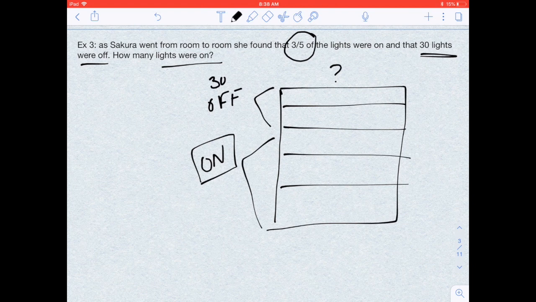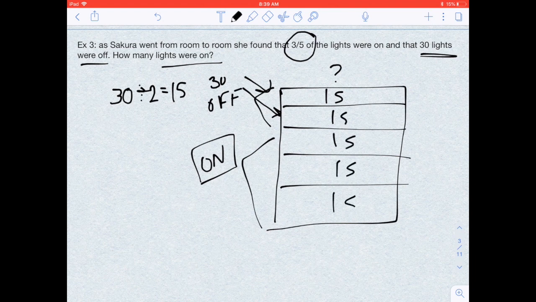I really have 2 steps I have to do here. Okay, so I end up with 30 fitting into these 2 boxes, right? The 30 is the off. So 30 divided by 2 equals 15. So I can put a 15, 15 here. 15, 15, 15. I can continue.